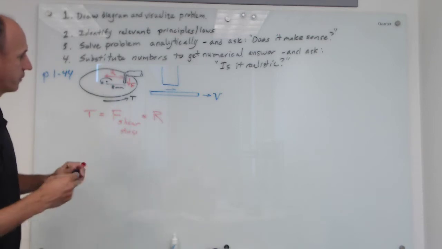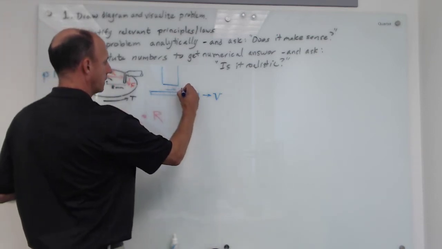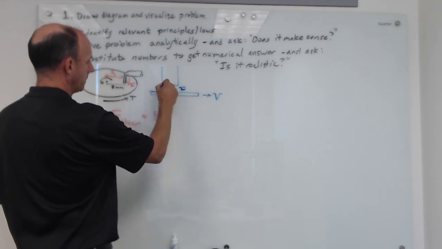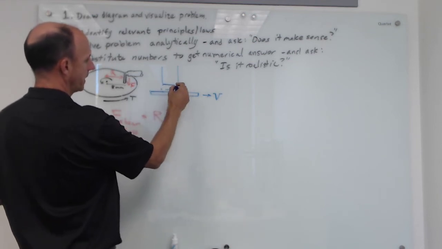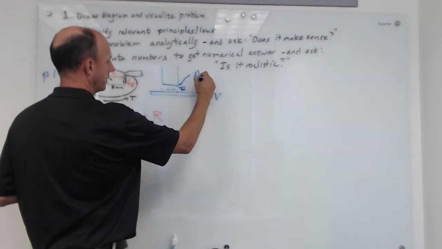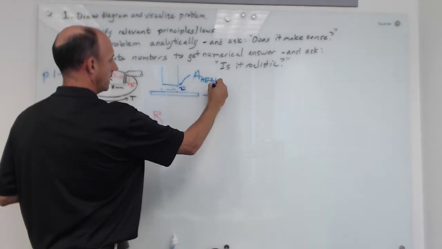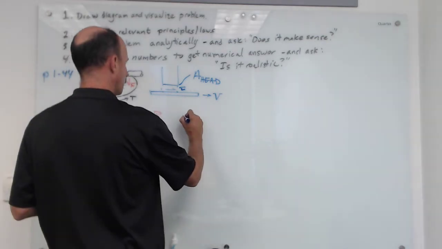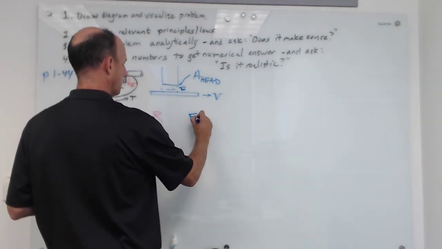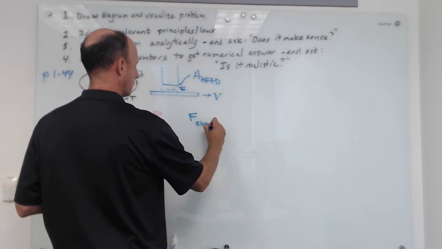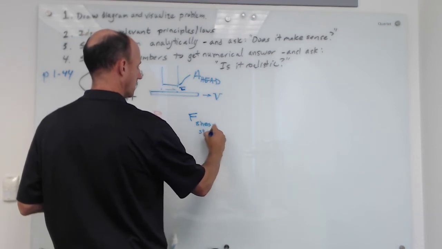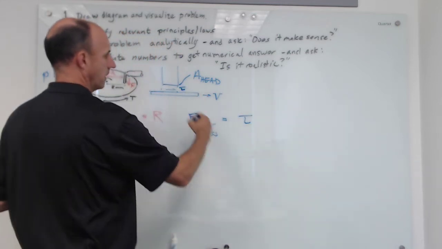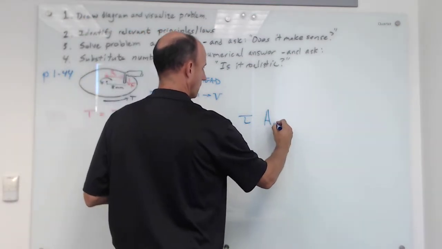Okay, so if there is a shear stress inside this gap here, call that tau, and then the area over which this shear stress acts, we'll call that the area of the head. And the next relationship that I can write down is that the force due to shear stress will be equal to the shear stress times the area of the head.